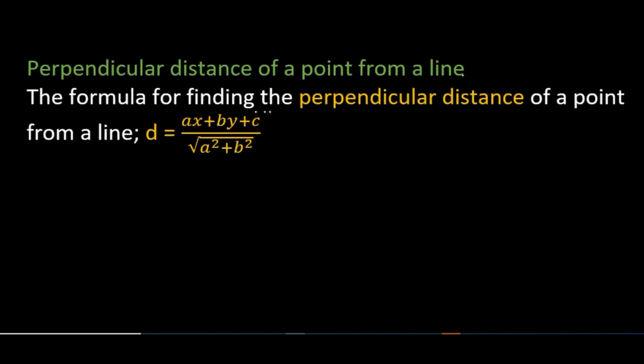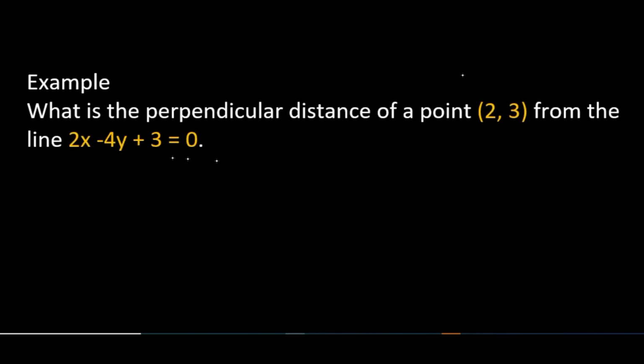Let's look at the perpendicular distance of a point from a line. The formula for finding the perpendicular distance of a point from a line is given as this. So we want to find the perpendicular distance of the point 2, 3 from this line.